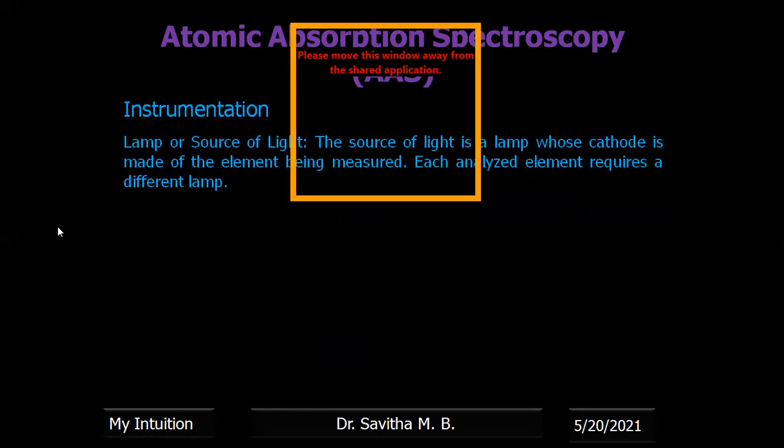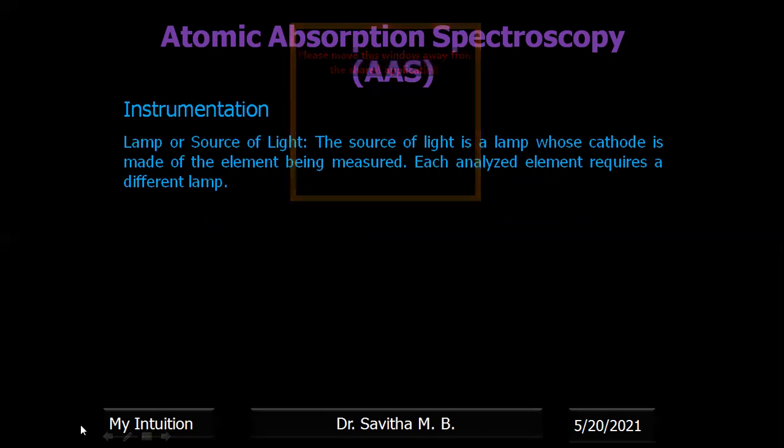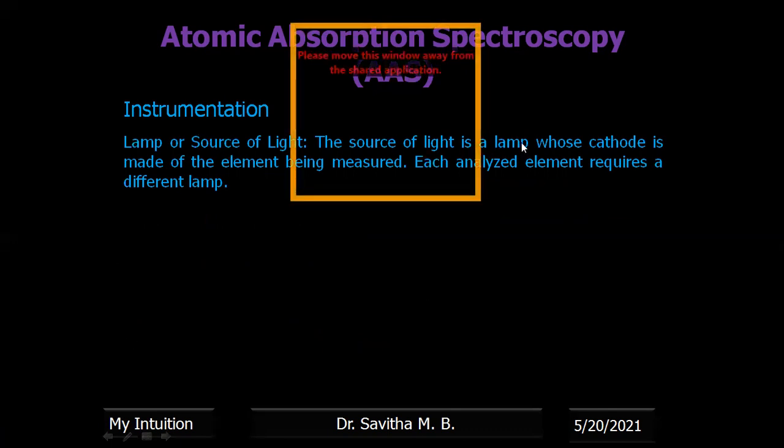Instrumentation is here also. First, the solution is taken and fed to the instrument, where there is also a flame which atomizes the metal atoms. The source of light is a lamp whose cathode is made up of the element being measured. Each analyzed element requires a different lamp.